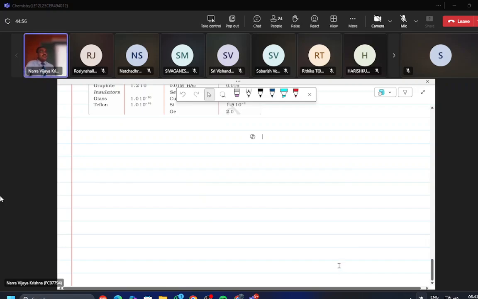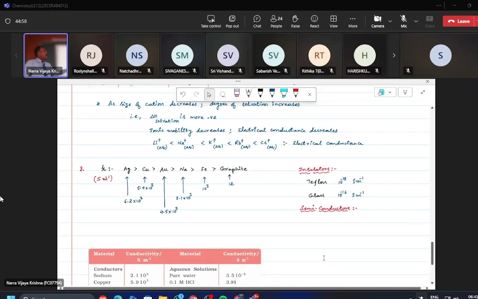First, we have seen conductors. All these are conductors. What about the energy gap between their valence band and conduction band? Very less, or almost overlapping. If that gap is high, examples are Teflon, glass.